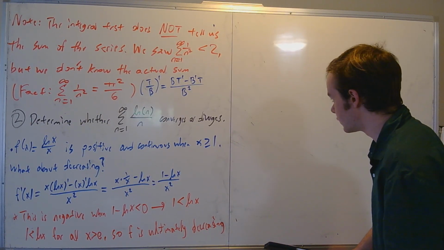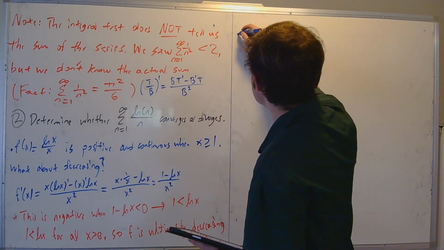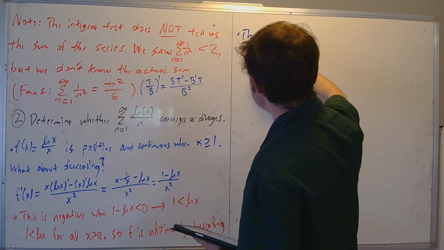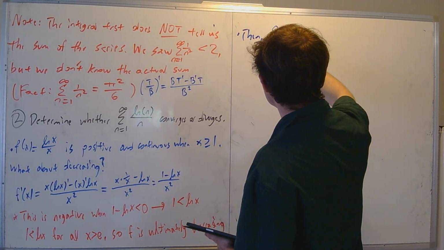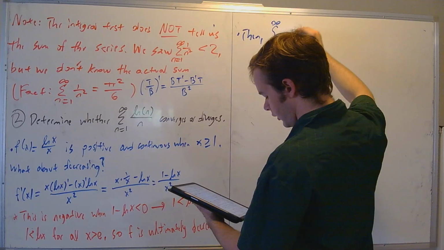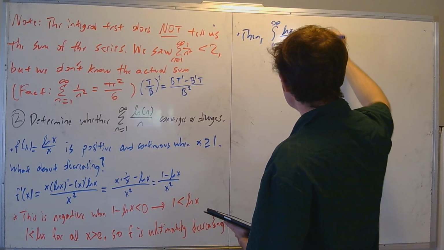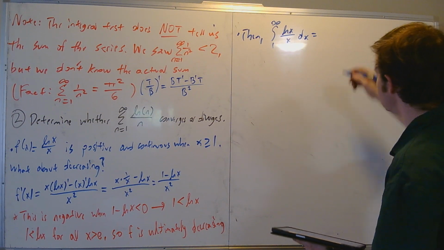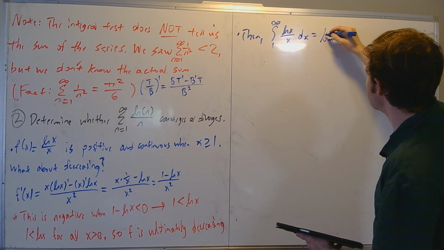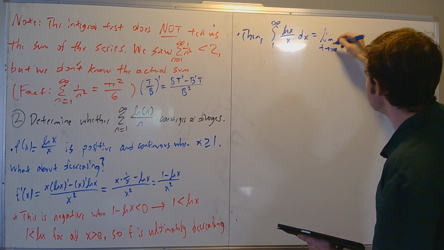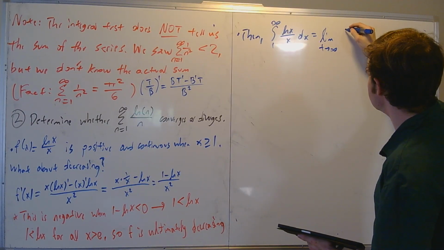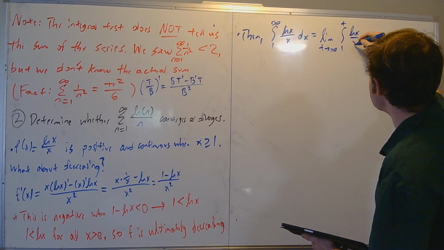But what we can see here is then the integral from 1 to infinity of natural log of x over x dx is going to be equal to the limit as t goes to infinity of the integral from 1 to t of natural log of x over x dx.